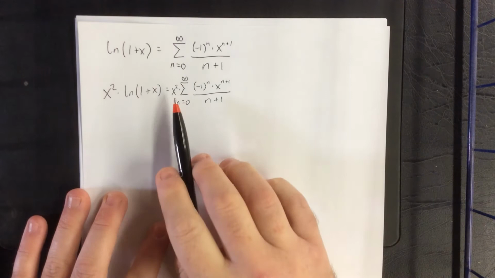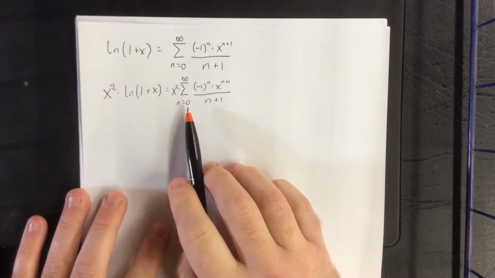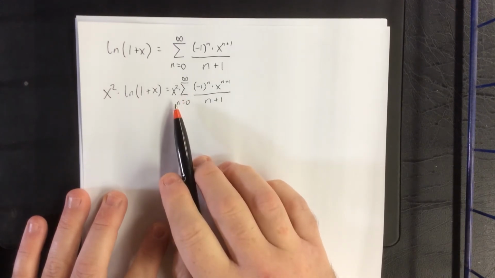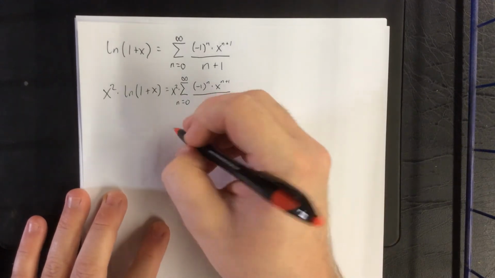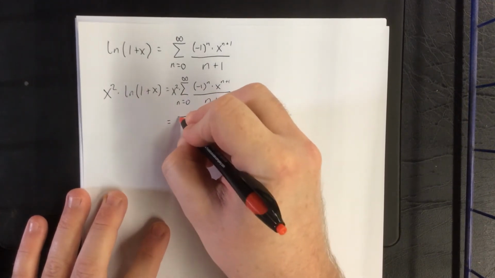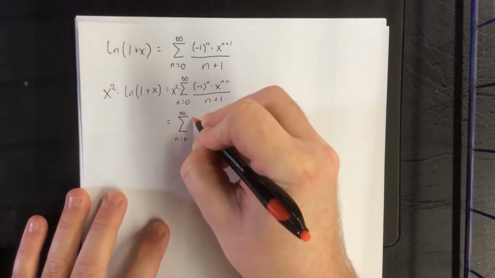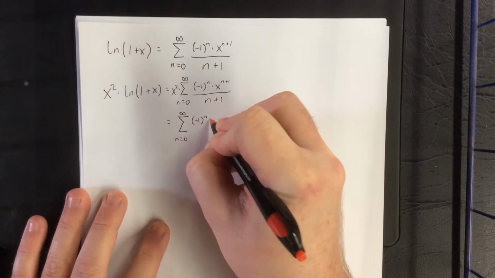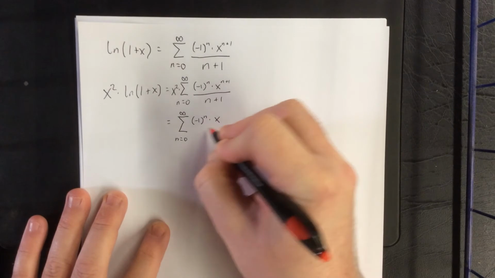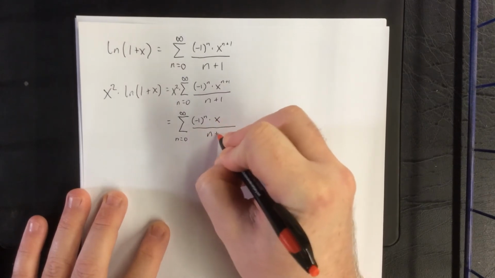Now with that in mind, x squared contains no n's, so as far as the series is concerned, that thing might as well be a constant. It can be moved in or out of the summation, n equals 0 to infinity. Now we've already got an x raised to the n plus 1 power inside here.